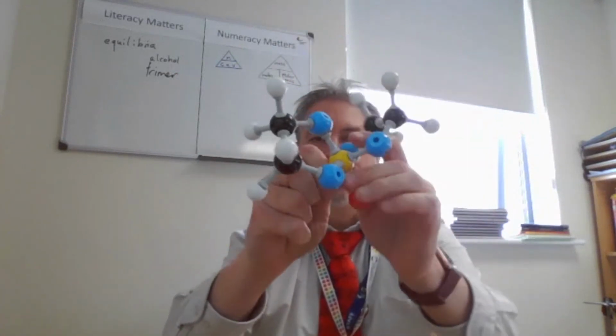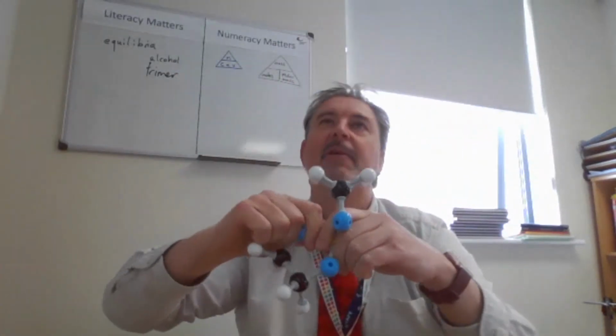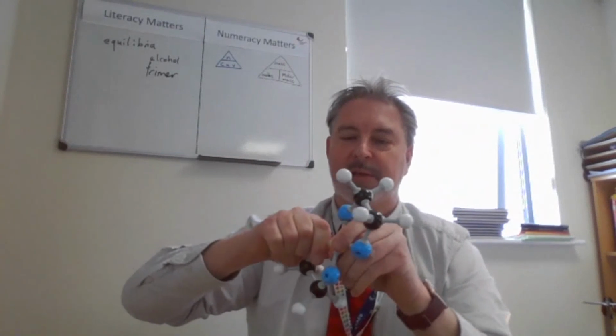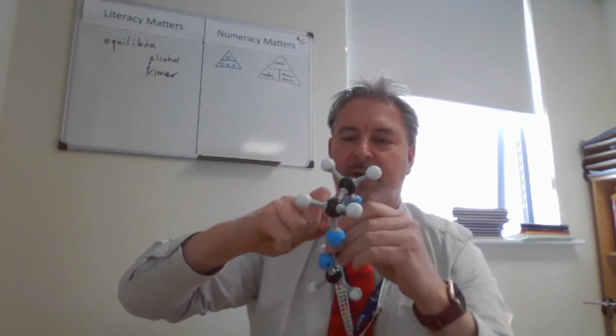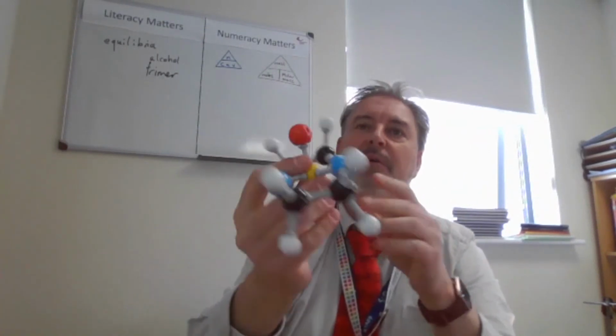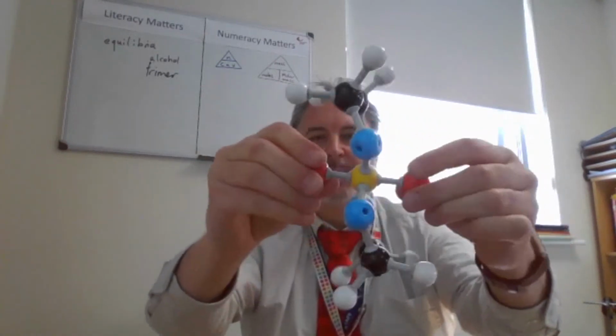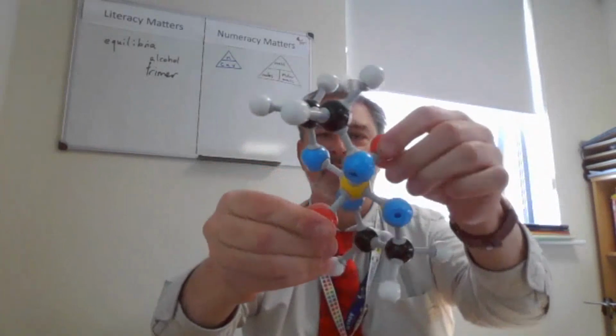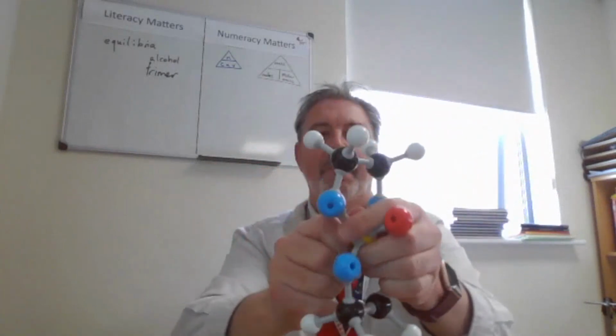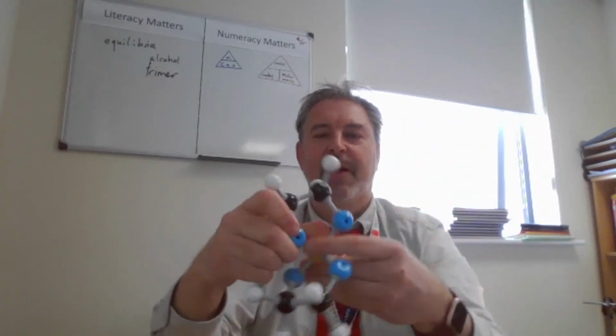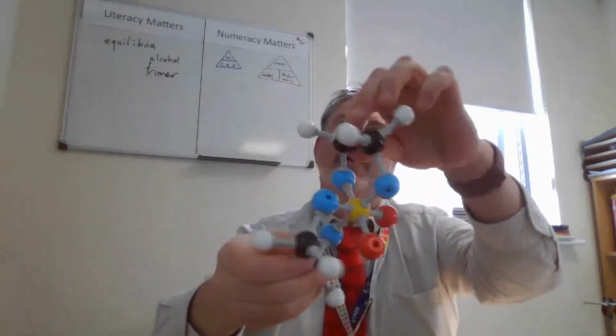So I could have that, but I could also have cis and trans as well. So here I've got the 2 reds opposite each other and the 2 bidentates opposite each other. But if I put it back to the original one that I had, this is an optical isomer.